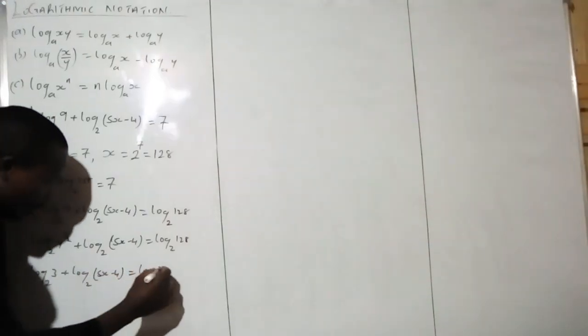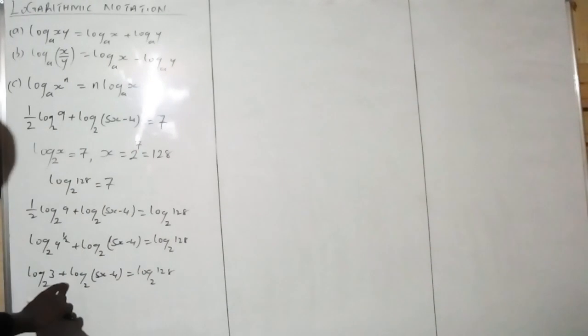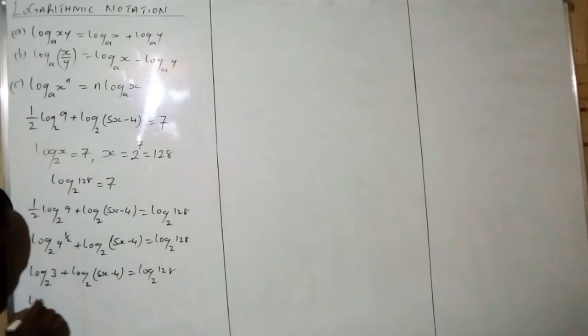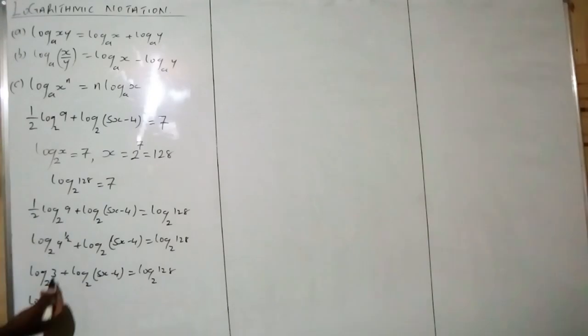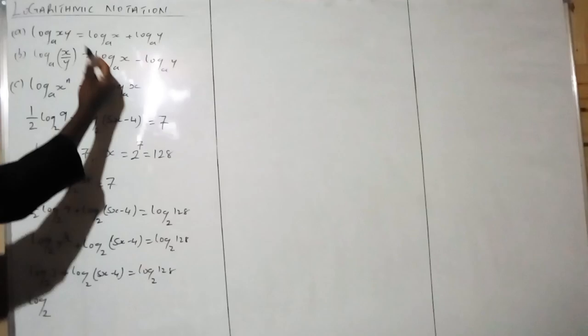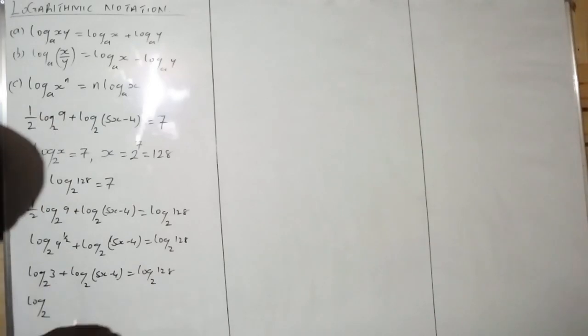On our left hand side we have a plus, so we are going to pick a single log to base 2. Where we have plus, we are supposed to multiply. Same case under the laws of indices and logarithm, they are almost the same: where we have plus, we multiply, and minus, we divide.